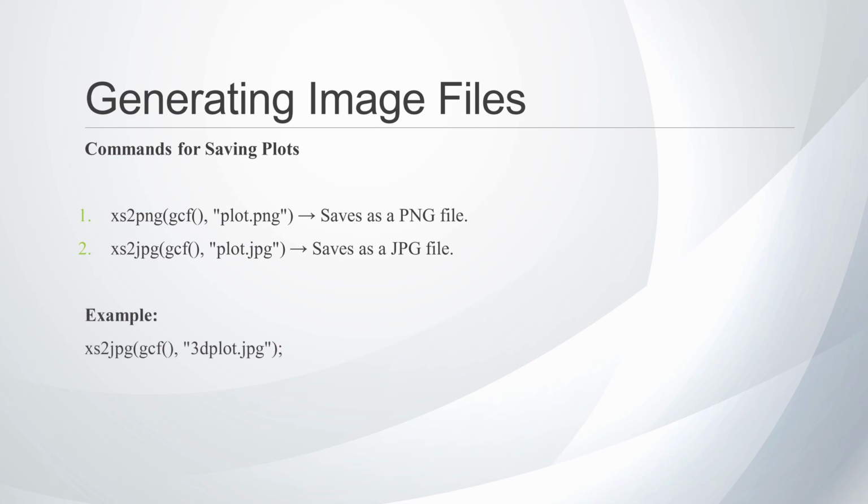Here is a demo command: xs2jpg(gcf(), "3Dplot.jpg"). This will save the current figure as a JPG image named 3Dplot.jpg. This method ensures we get high quality images for reports and sharing.